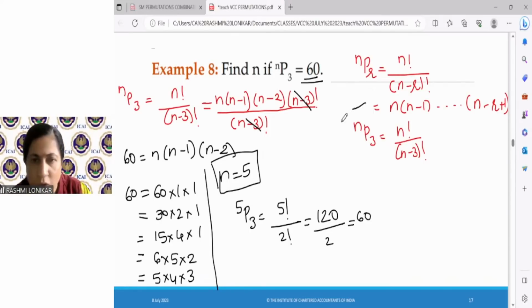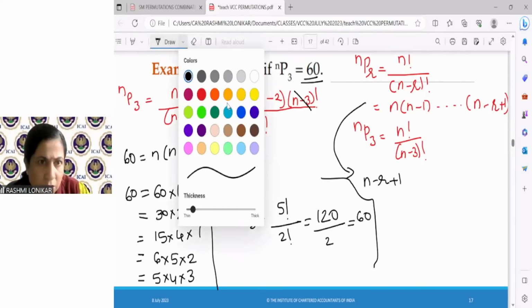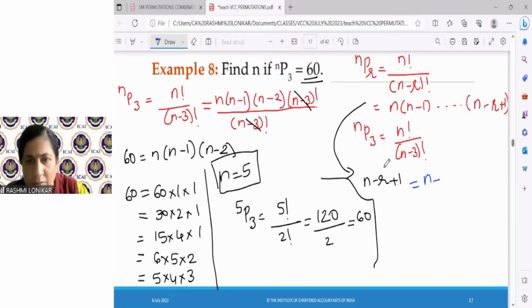Let me show you by the second formula also. How much is n minus r plus 1? Just let me change the color also. How much is n? n is this much. r is how much? 3. Minus 3 plus 1 is minus 2. So this is equal to n minus 2.